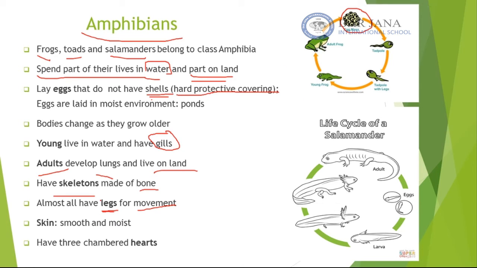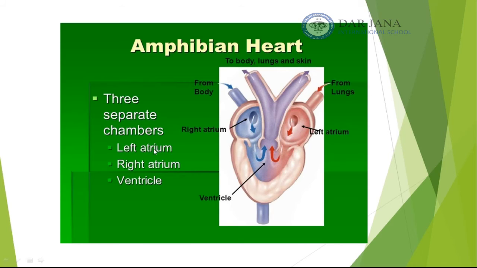Their skin is smooth and moist, and they have a 3-chambered heart. When I say 3-chambered heart, it means they have 3 rooms. If we look at this image here, we can simply see there are 3 separated chambers. This is 1, this is 2, and this is the 3rd one. So we have the right atrium, the ventricle, and the left atrium.